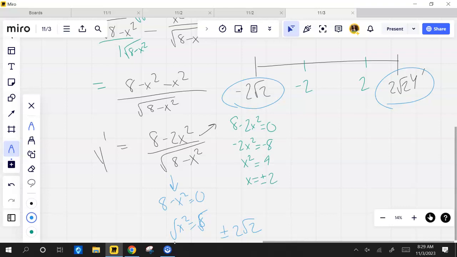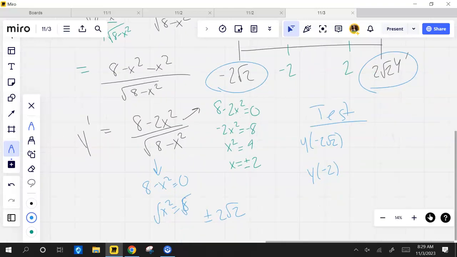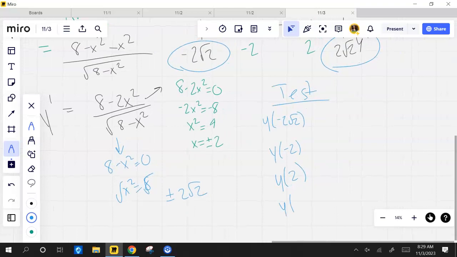Since the extreme value theorem comes in, I don't have to do increasing, decreasing. They didn't ask me for increasing, decreasing, they just asked me for extreme. So I'm just going to test these points. I'm going to need y of negative 2 root 2, y of negative 2, y of 2. Did y'all do this one right, by the way?